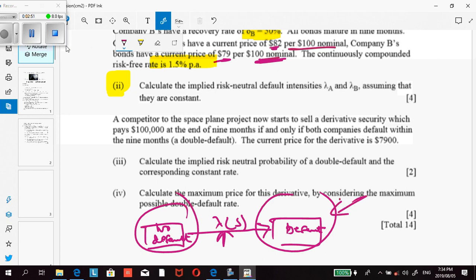And if you look at this state here, you can see once you have entered the default state, there is no way you can leave it. So the default state, which is D, is the absorbing state.